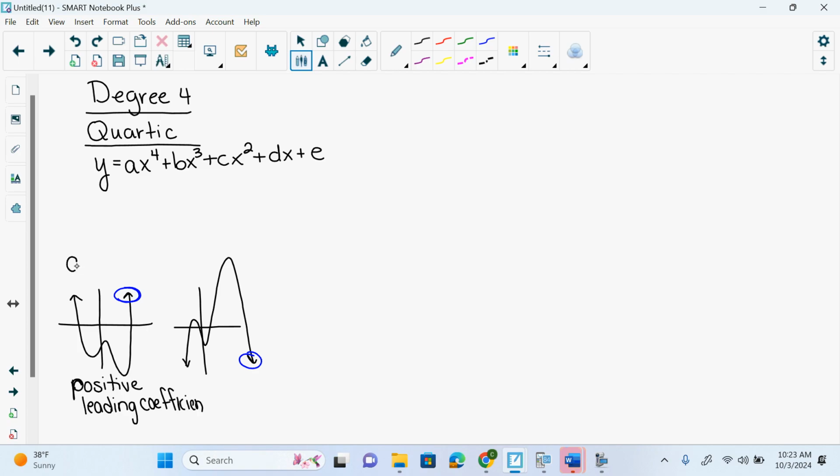So technically A would be greater than 0 for that graph. We agree? If this was my equation. And this one we would have a negative leading coefficient. So A would be less than 0.